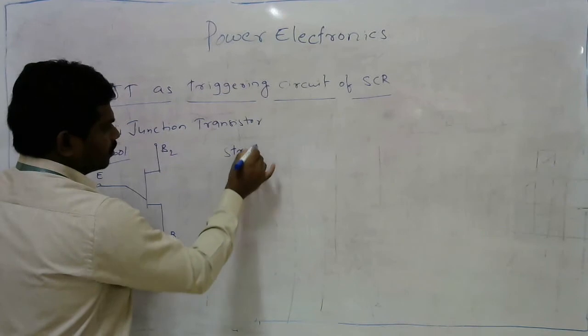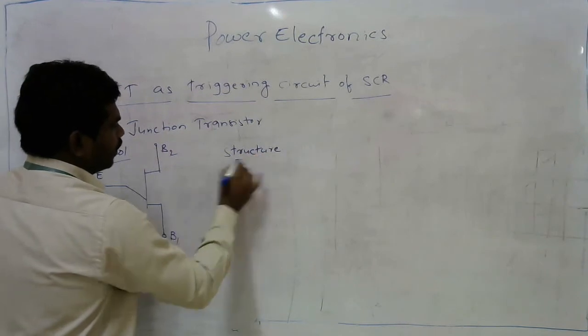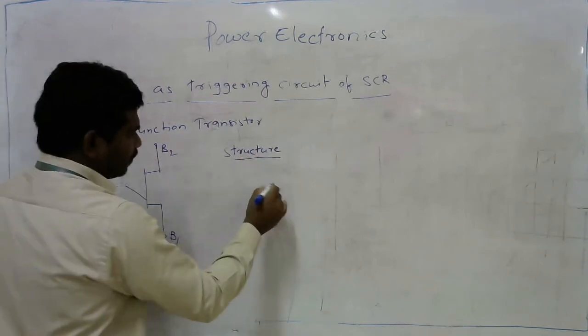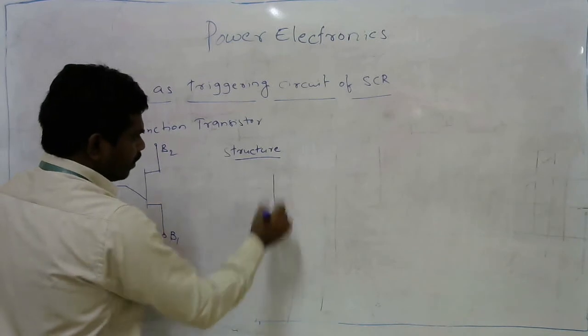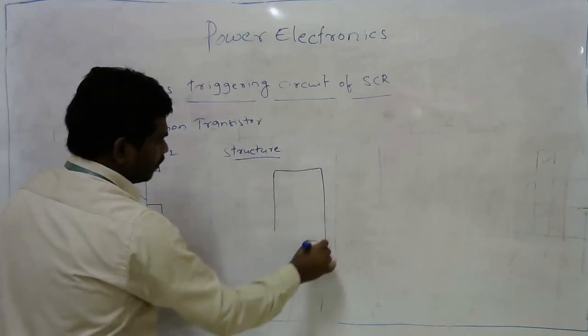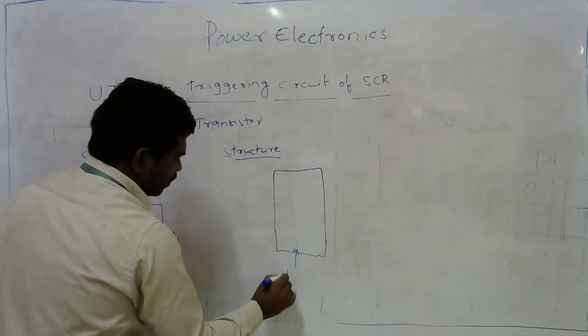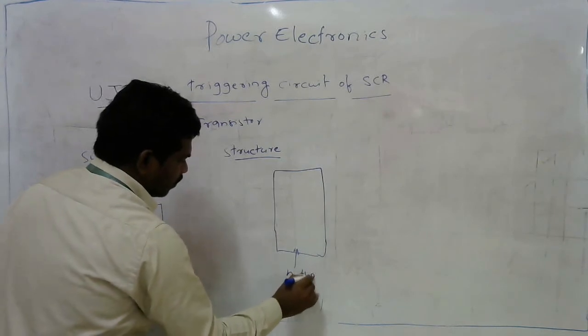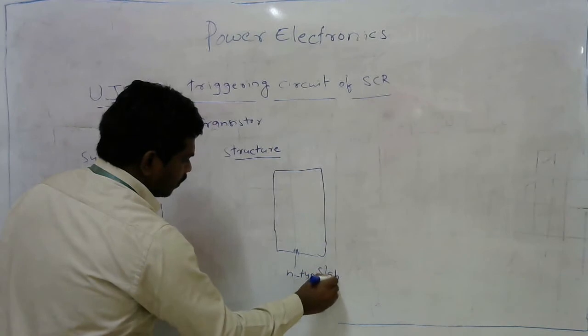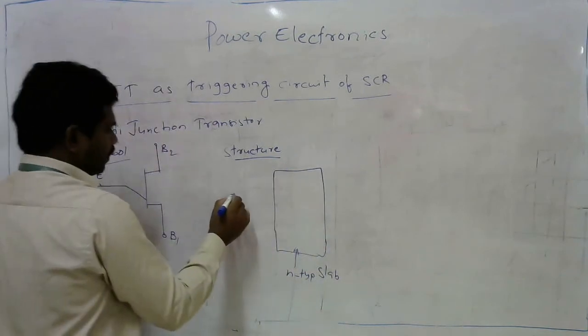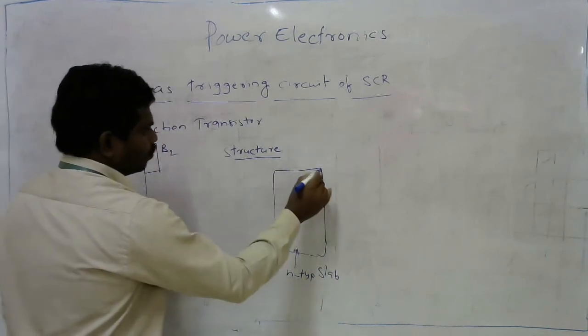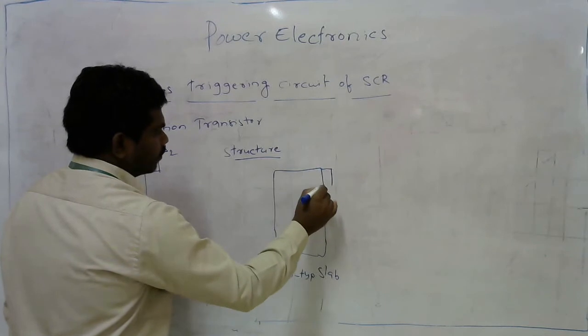When you see the structure of UJT, we are taking one N-type slab. On this side, there are two ohmic contacts.